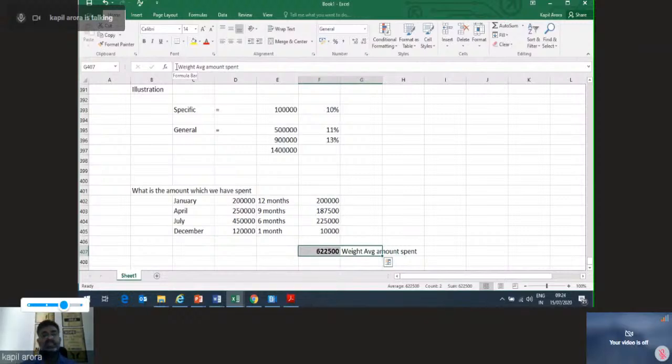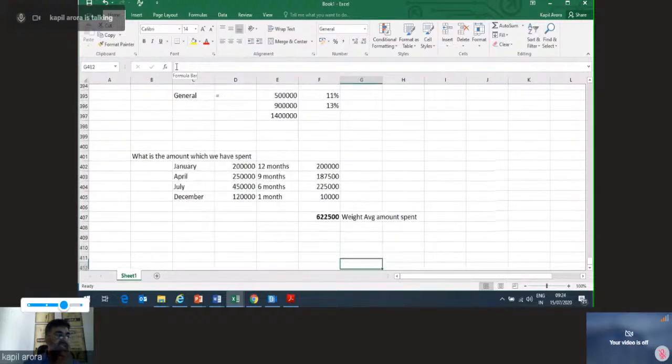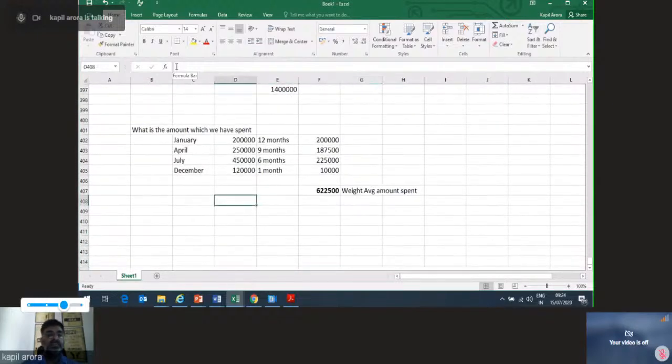Now this 622 which I have spent is funded from two parts. So the total cost is 622, whereas how much have we considered from specific and general? From specific we have taken 1 lakh.